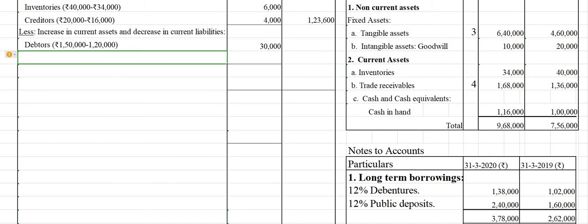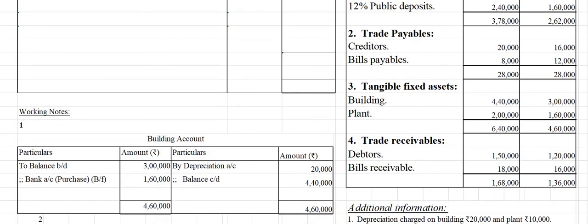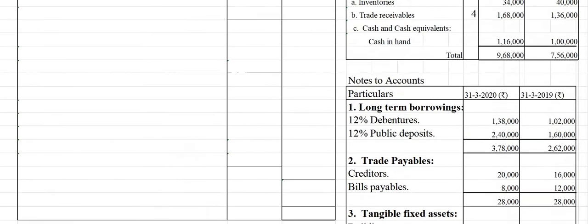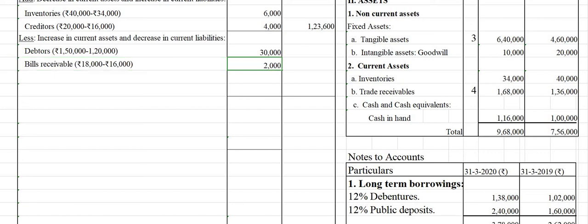Next, like debtors, the next item bills receivable also increases from 16,000 to 18,000. So let us write that also. 2,000 is the increase.